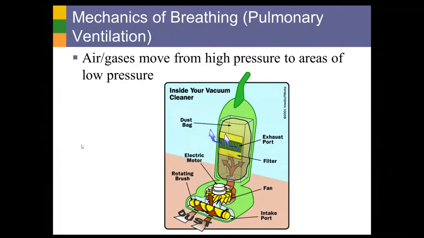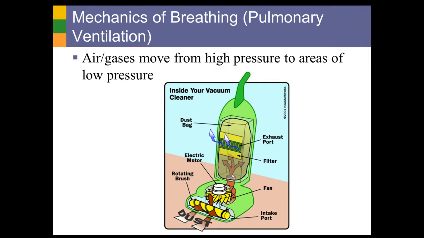The second thing that you have to understand is that air moves from high pressure to low pressure. A great illustration of that is a vacuum cleaner. Everybody is familiar with a vacuum cleaner, at least you've seen one. You know that vacuum cleaners suck. How do they suck? There's a fan inside that pushes air out a vent, and it creates an area of low pressure.